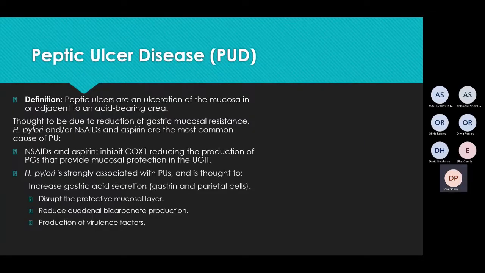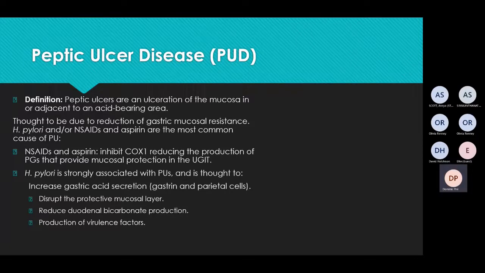Now, peptic ulcer disease, I'll just be very brief on these. They are quite common, particularly in the elderly population, and they are thought to be due to a reduction of the gastric mucosal resistance.